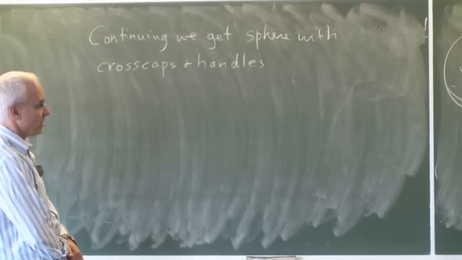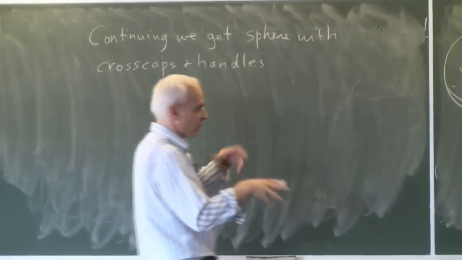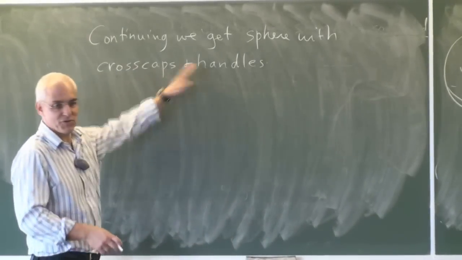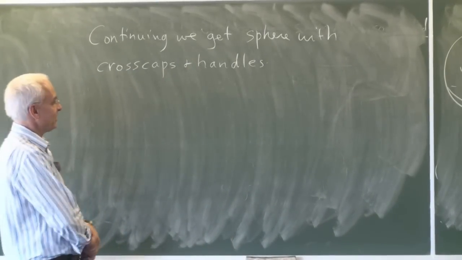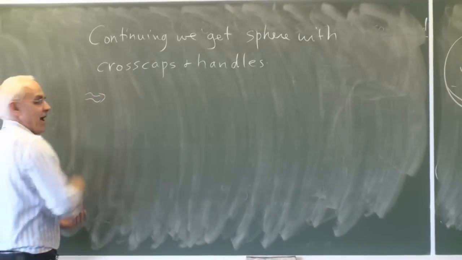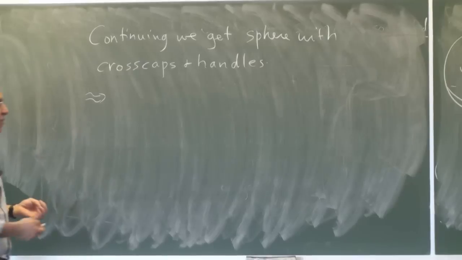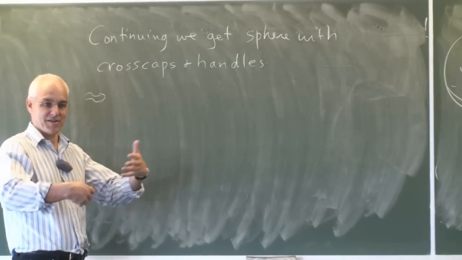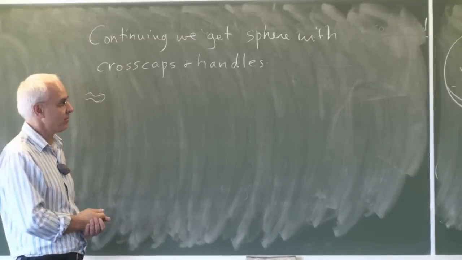So I haven't talked about cross handles. Cross handles are really just two cross caps. And this is sort of in parallel to the proof that we did last time. And then we have to argue, as we did before, that cross cap plus handle is the same as three cross caps to get it in the standard form, if we want to.